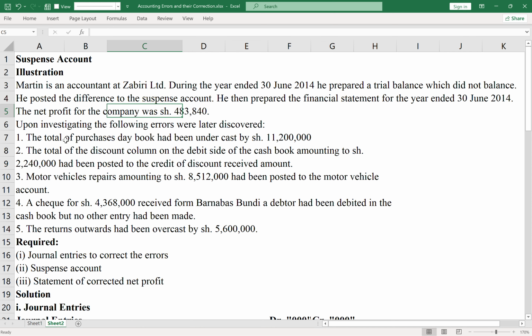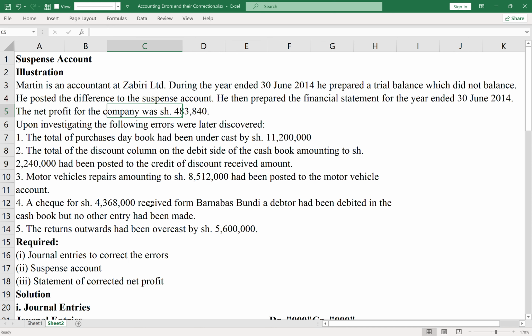The total of the purchase day book had been undercast by 11,200,000. The total of the discount column on the debit side of the cash book, amounting to 2,240,000, had been posted on the credit of discount received. Motor vehicle repairs amounting to 8,512,000 had been posted on the motor vehicle account.